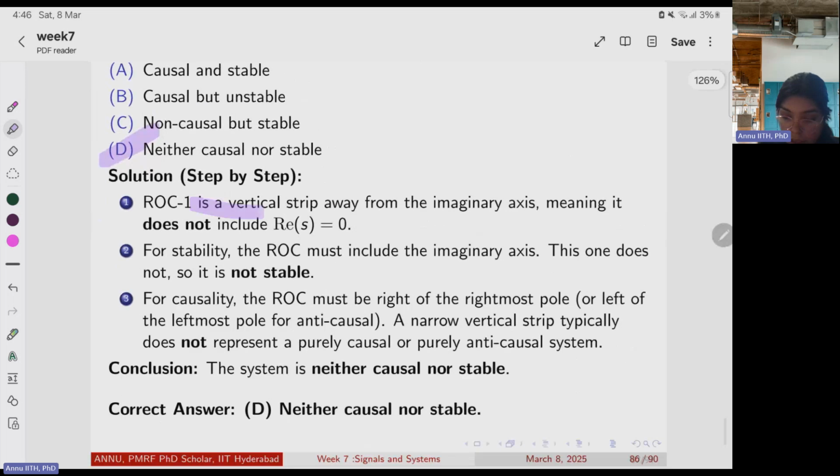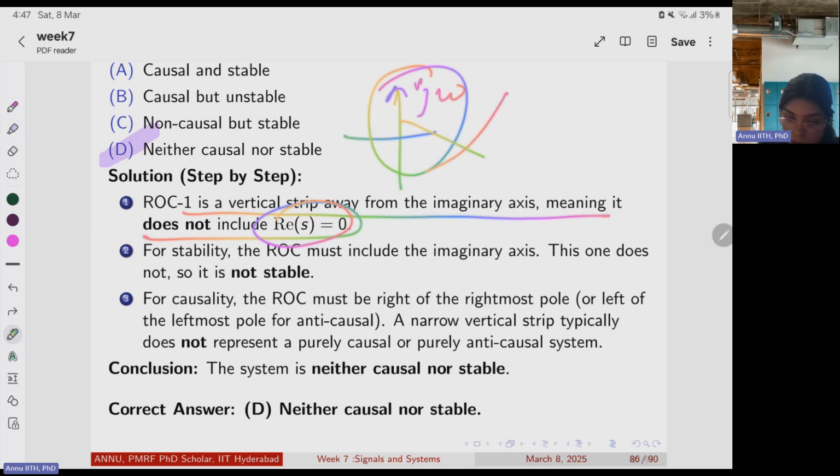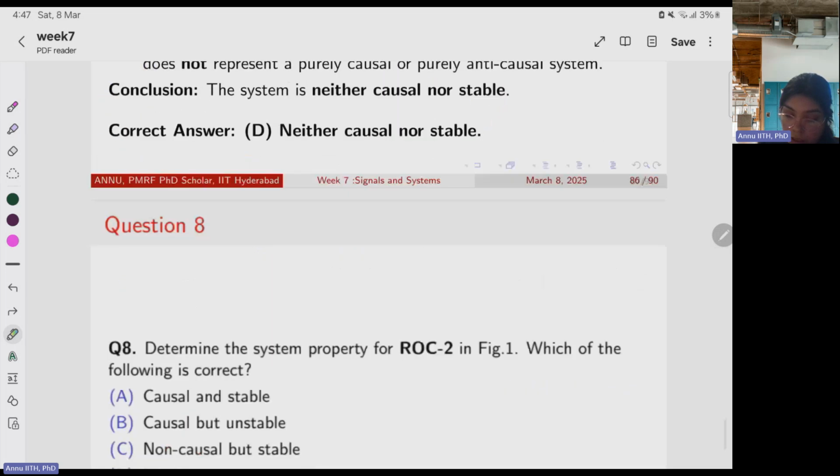It is a vertical strip away from the imaginary axis, so it doesn't include the j omega line. So there is no stability. For causality, the ROC must be to the right of the rightmost pole, but here it is to the left of the leftmost pole, that is anti-causal.